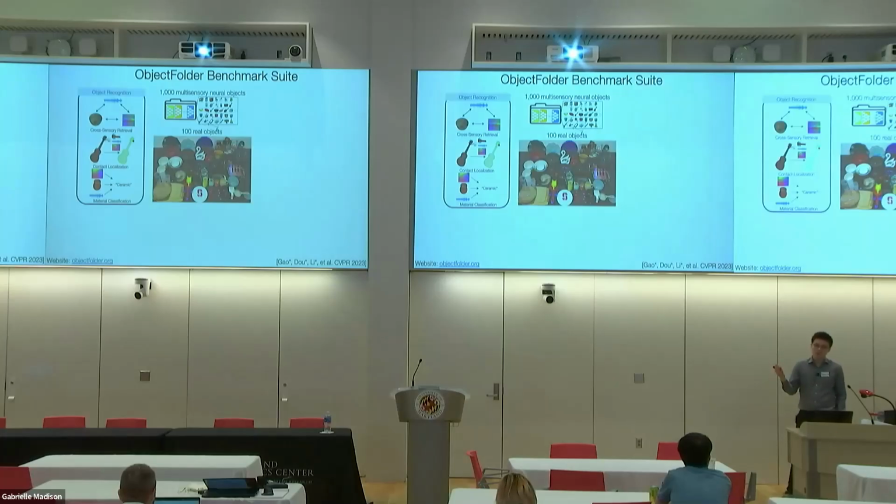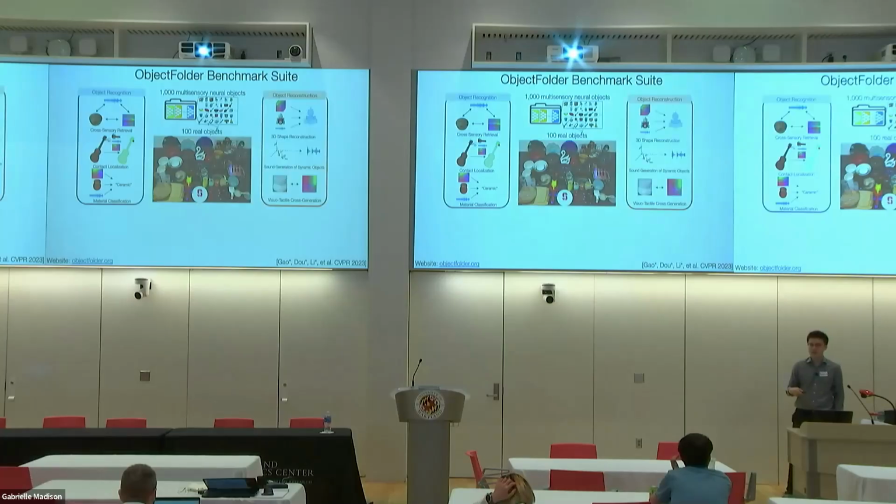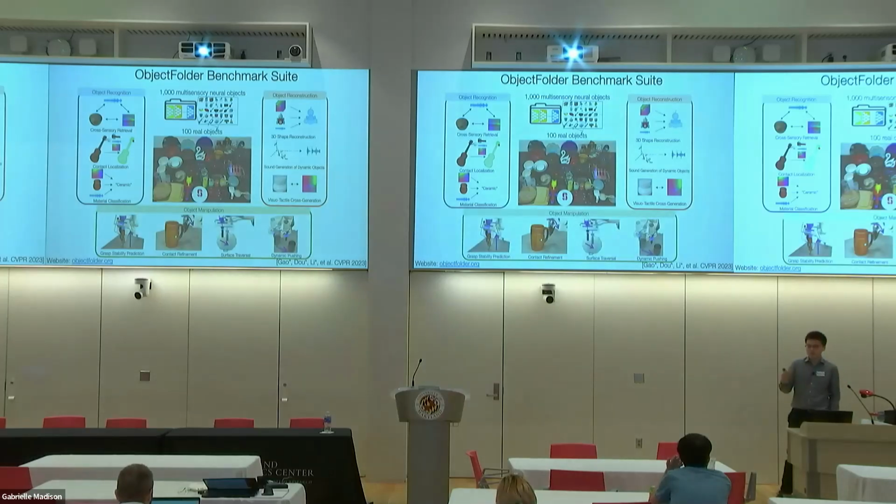Apart from the 3D reconstruction tasks I just talked about, there are other tasks for object recognition, including cross-sensory retrieval, contact localization and material classification, and also object reconstruction tasks like 3D reconstruction, surface sound generation of dynamic objects, and cross-modal generation, and also some object manipulation tasks like grasp stability prediction, contact refinement, surface traversal, and dynamic pushing.